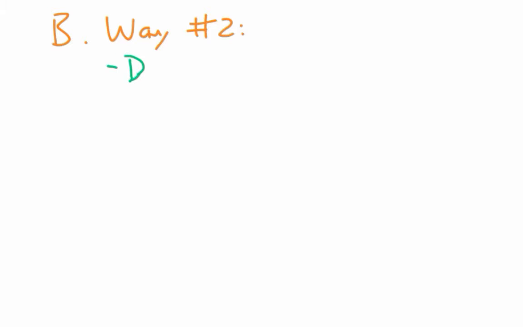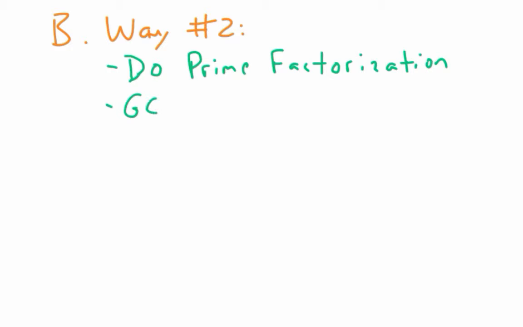So do prime factorization, or in other words, get a factor tree. So prime factorization, and then the GCF, the greatest common factor, equals the product. Product, are we adding or multiplying? Multiplying. Product of the common prime factors.